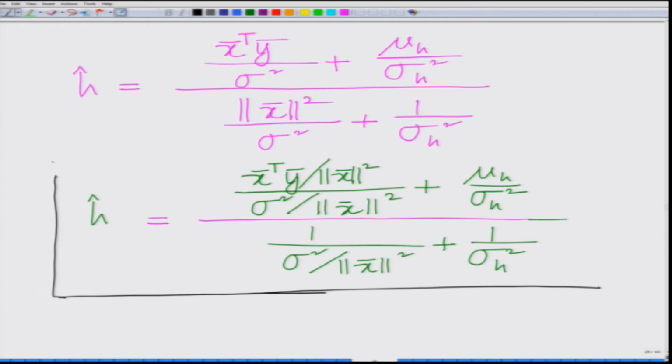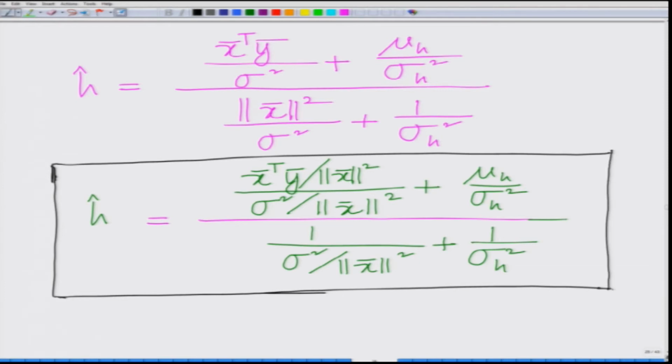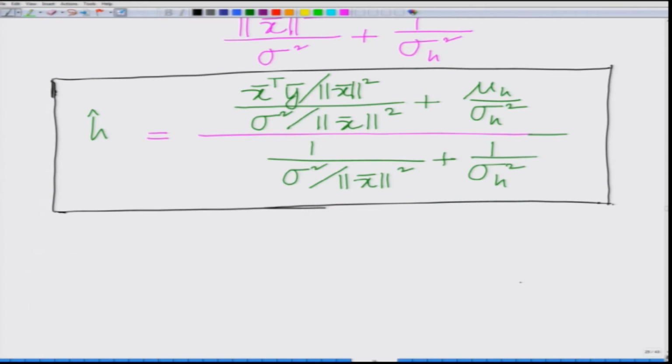Similar to what we have seen in the case of the wireless sensor network, we have a very beautiful interpretation for this expression. Now, if you look at the various quantities, let us look at this. What is this?